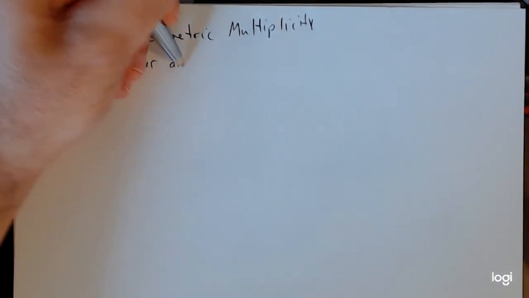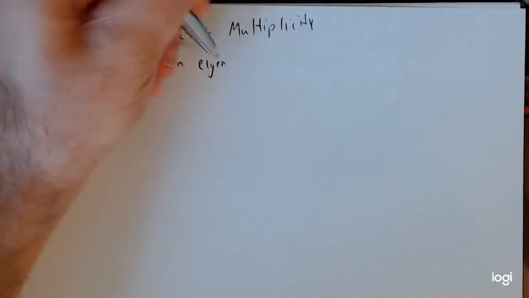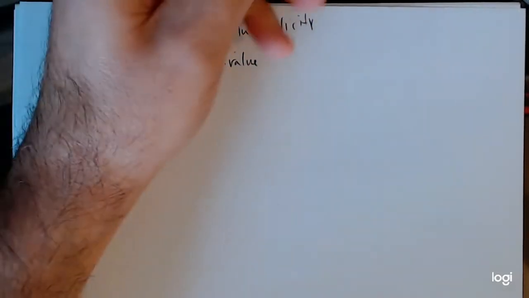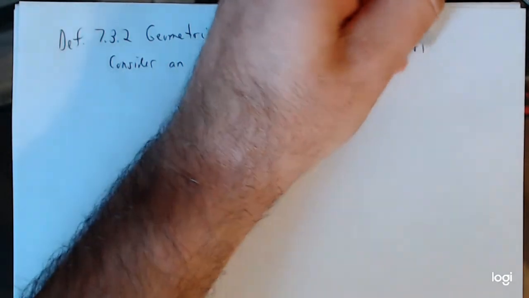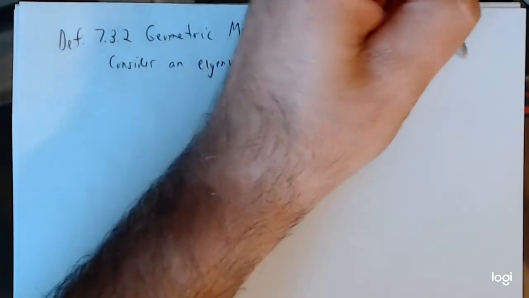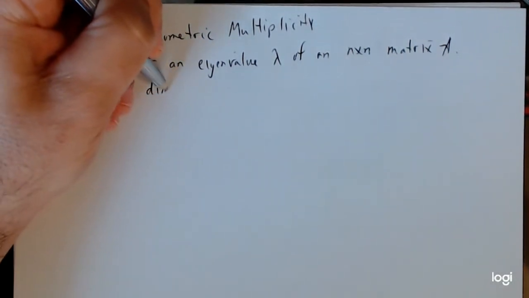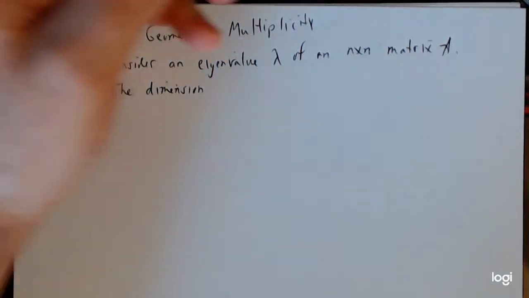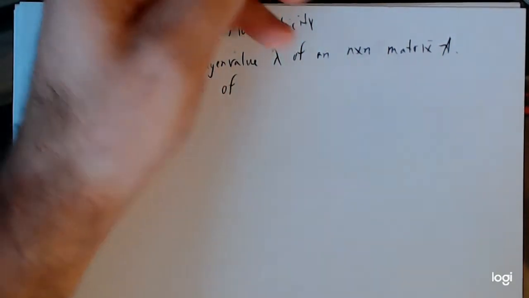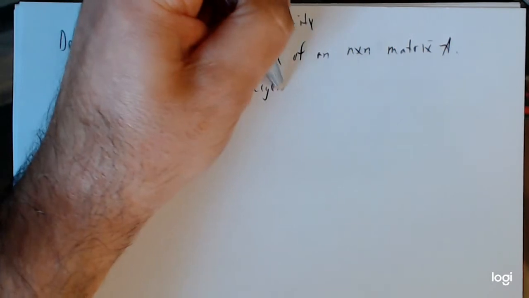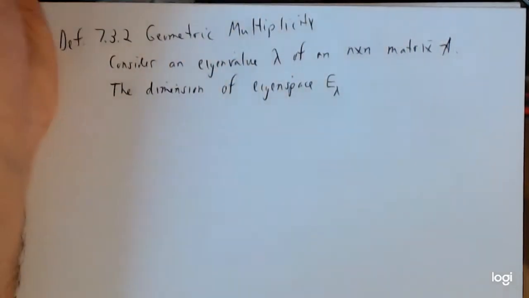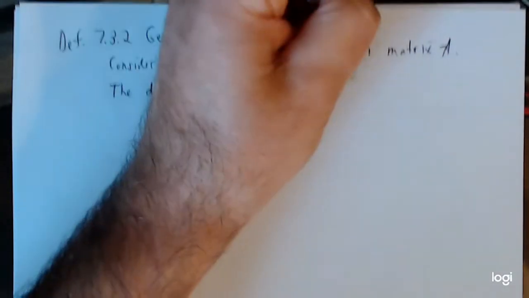So we'd say consider an eigenvalue lambda of an n by n matrix A. So then we would say that the dimension of the eigenspace E sub lambda, which is literally what?